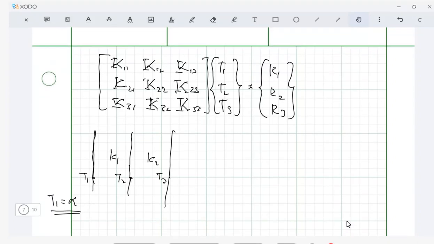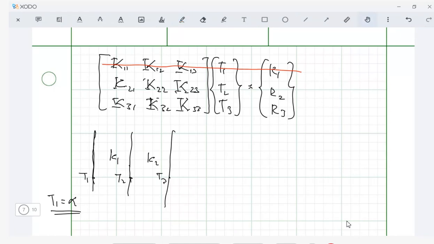There's no use to have 3 equations because there are 2 unknowns, which is T2 and T3 now. T1 is already known, so we know that this is equal to alpha. We are not going to use this equation. There's no need. Now we have 2 equations and 2 unknowns.